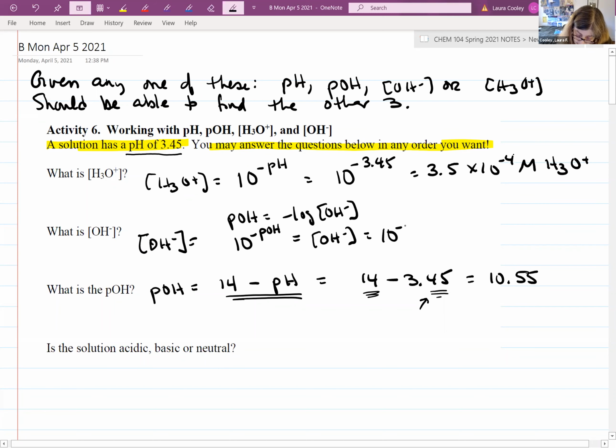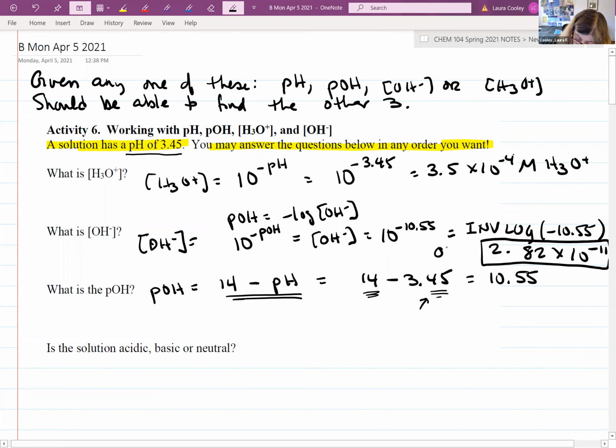So 10 to the negative 10.55, that's the inverse log of negative 10.55. That's 2.82 times 10 to the negative 11th. That's the OH minus concentration.